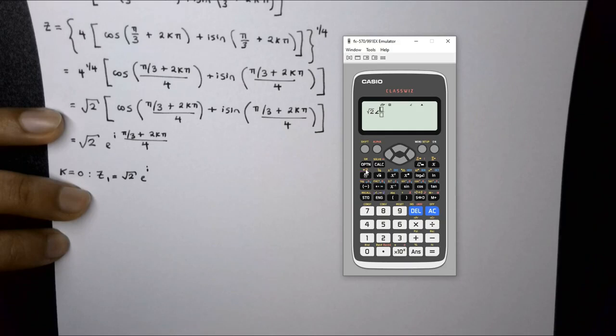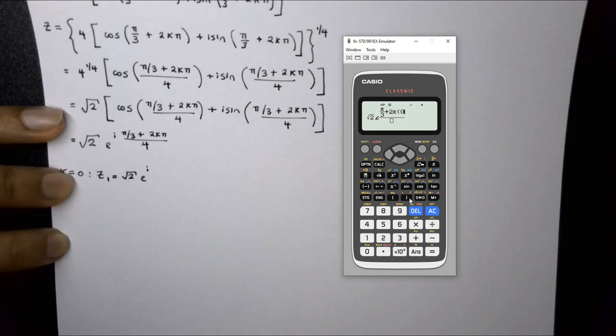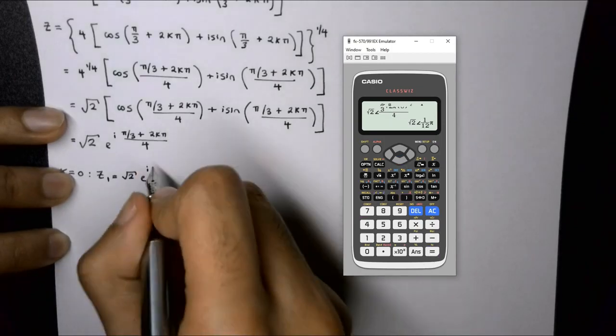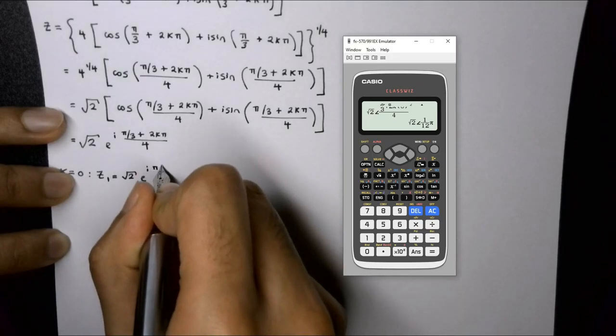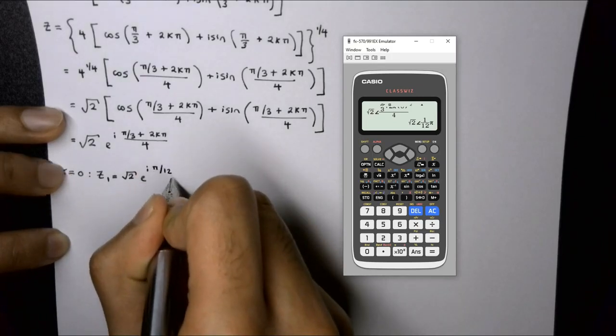So here we've got the pi over 3 plus 2 pi lots of k. K is 0 over here. And then we divide this by 4. So it turns out we get i lots of pi over 12. That's our first root.